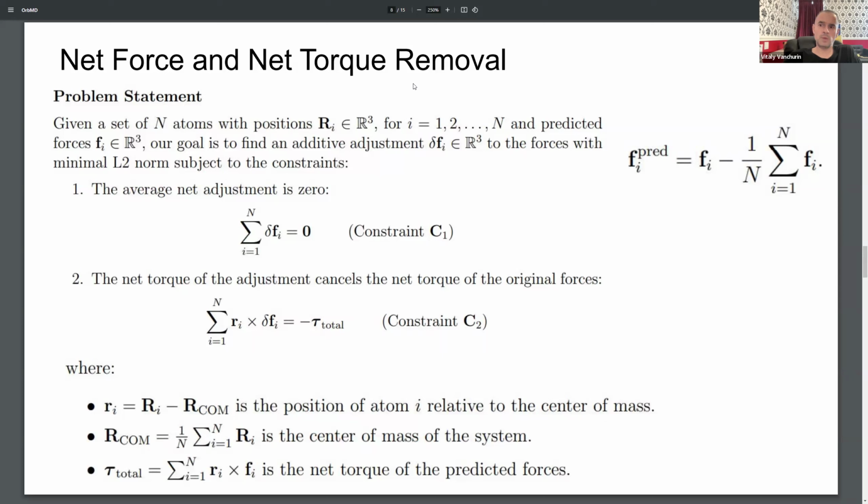I mean, they're not talking about a bunch of point particles interacting by some conservative forces. They're talking about a quantum system that is being modeled through the neural network.